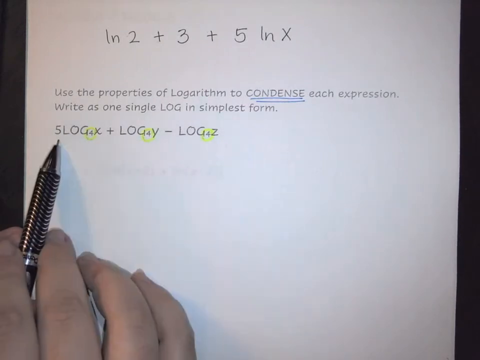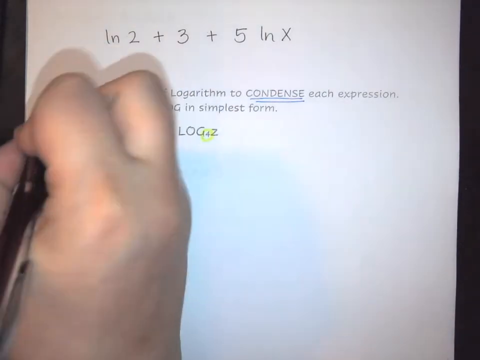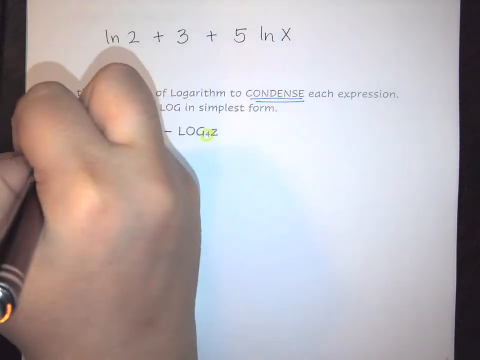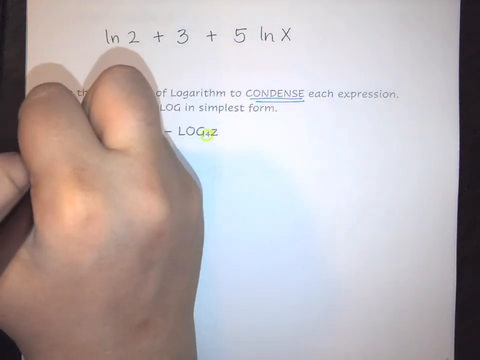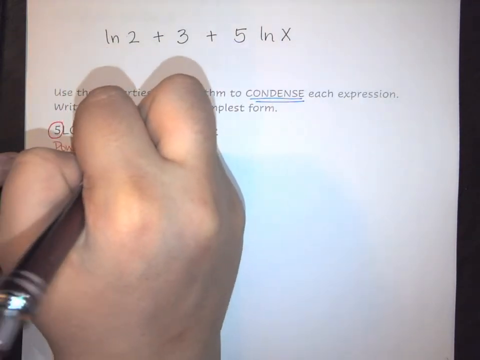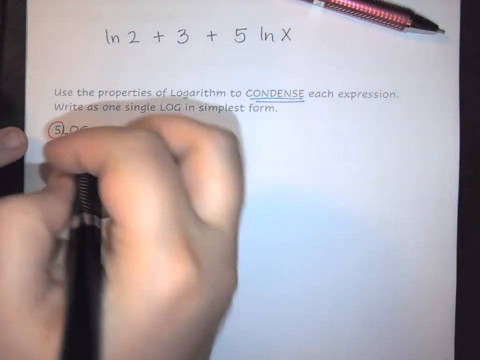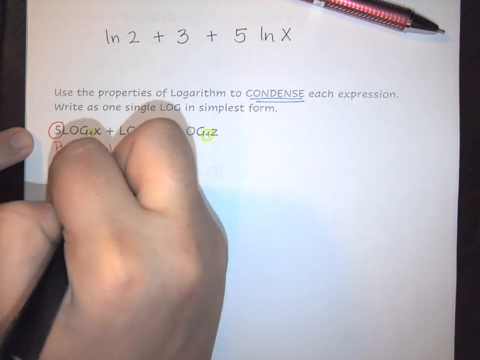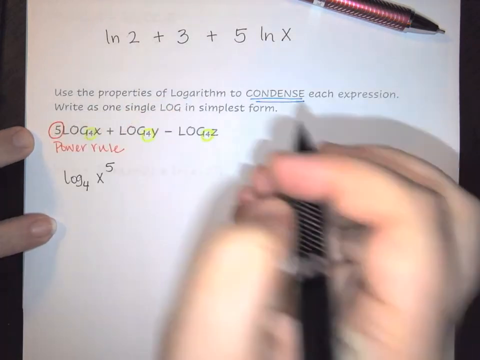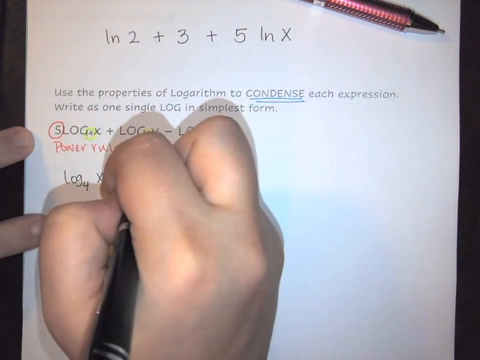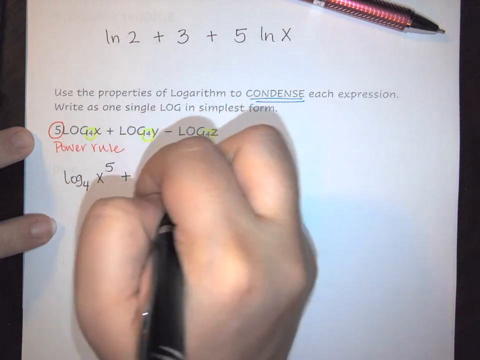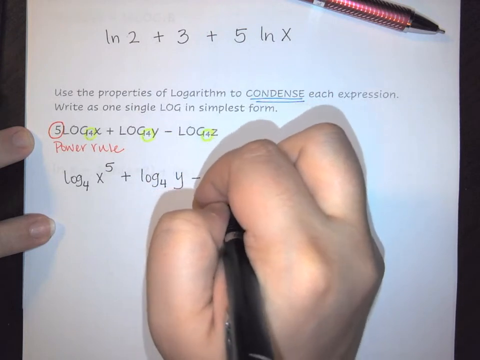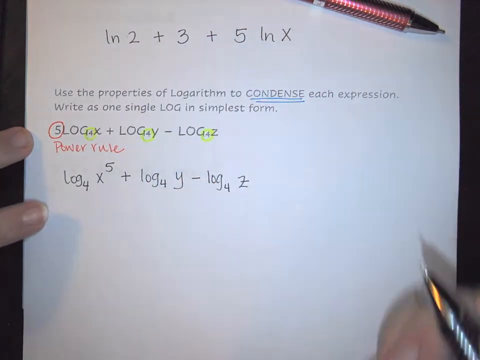Okay, so the first thing that we have to do is notice that I have this 5 here on the outside, which is going to be your power rule. So working backwards, that means this first part is going to be the log base 4 of x to the 5th. Then we're going to add this onto the next one, which is the log base 4 of y. And we're going to subtract the last, log base 4 of z.